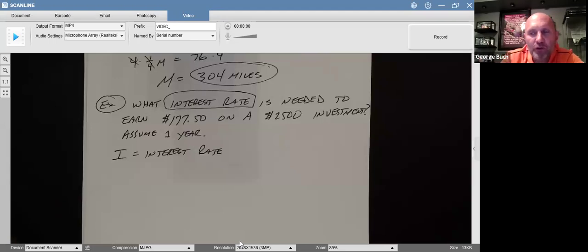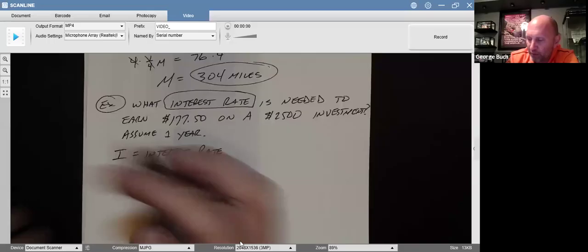It's the amount that we invested times the interest rate tells us how much we get back in interest. So let's kind of take a side look here for a second. If I invested $100 at 10%, well, then it would be 100 times 10%, which gives me $10, right? So same idea here when I'm setting up this equation.